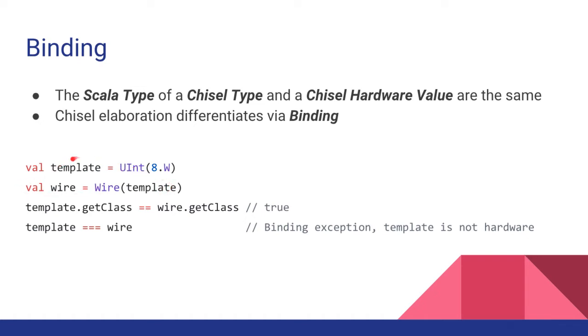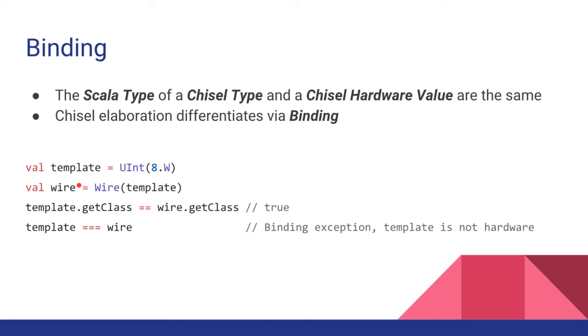Similarly, I can pass this template, and I'm calling this a template because this UInt(8.W), as you know, is the abstract type of an 8-bit UInt. It's not hardware. I can't connect to it. I can't do any operation on it. But what I can do is construct a wire from it. So I use this as a template type to construct a wire.